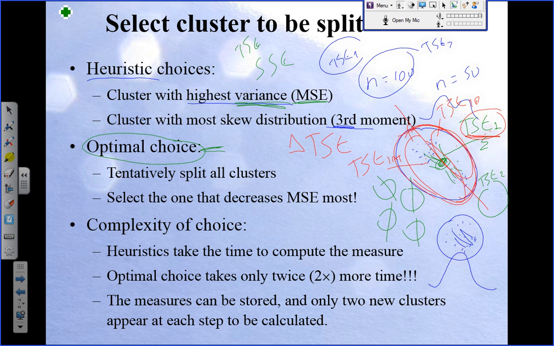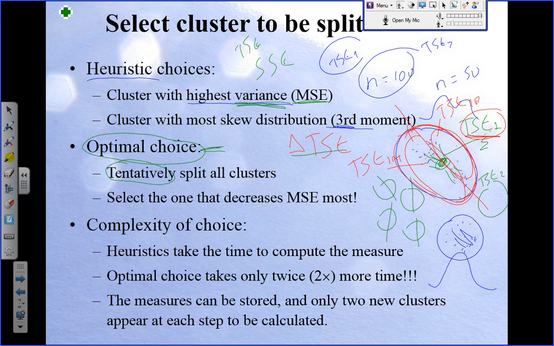So that's a little bit of work I need to do. But I will do it just tentatively. I don't do the split. I just pretend to do it, and see how much it improves. And I store this delta TSC value. And now I know how much the effect would be. And then I select the best. So simple as that.